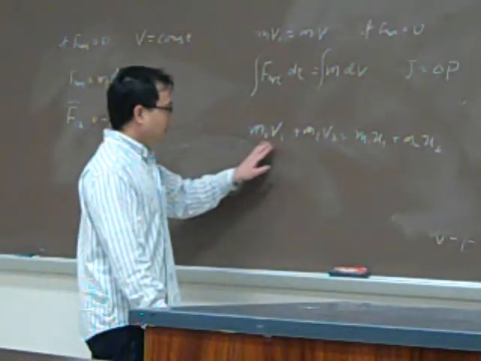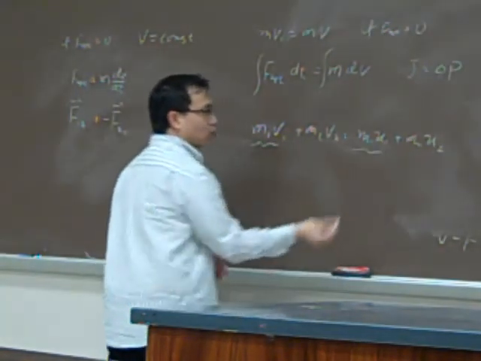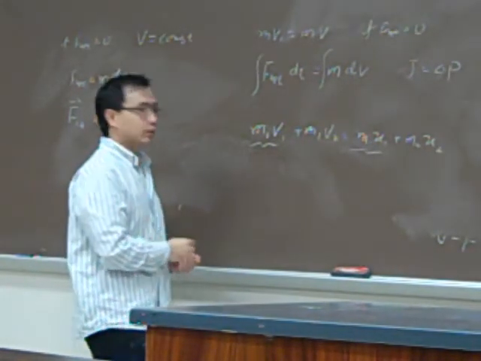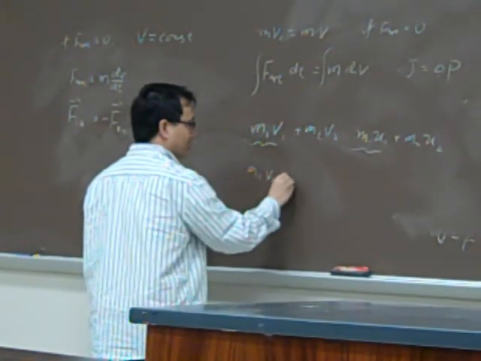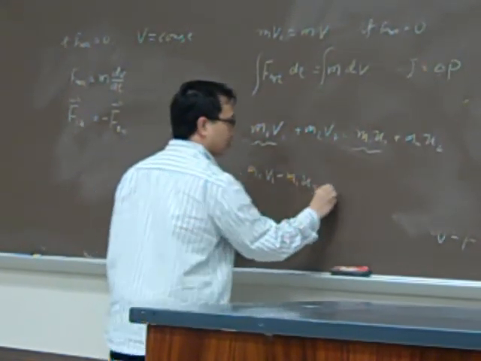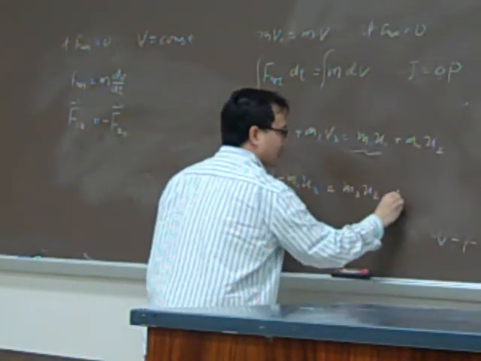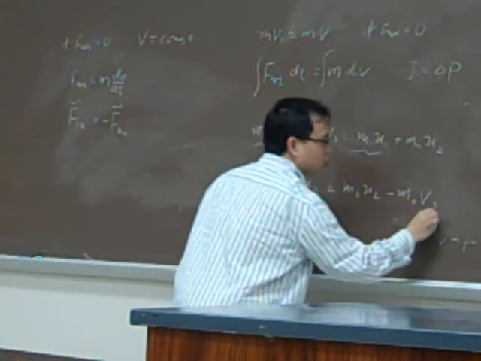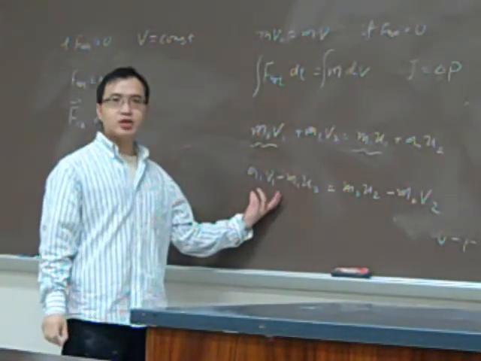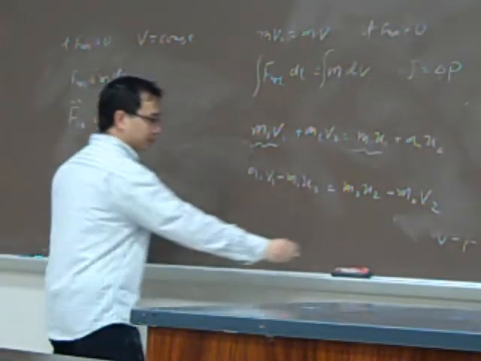We can do it this way. Let's put all the m1 on one side. So you get m1 v1 minus m1 u1 equals m2 u2 minus m2 v2. Okay, so one object on the left hand side, another object on the right hand side.